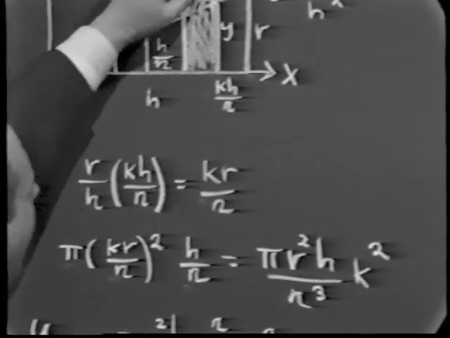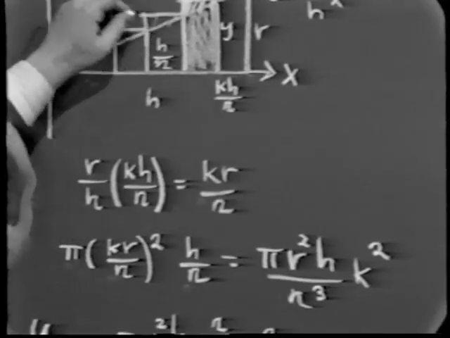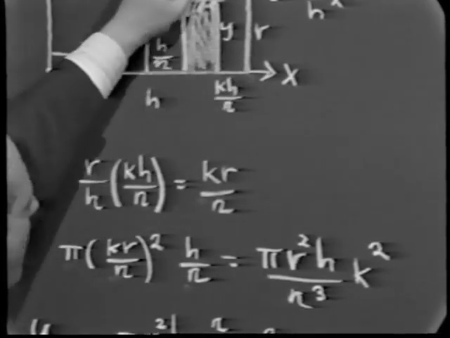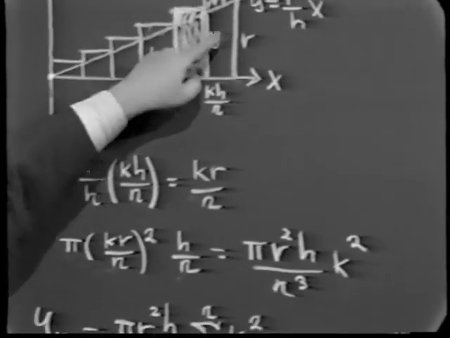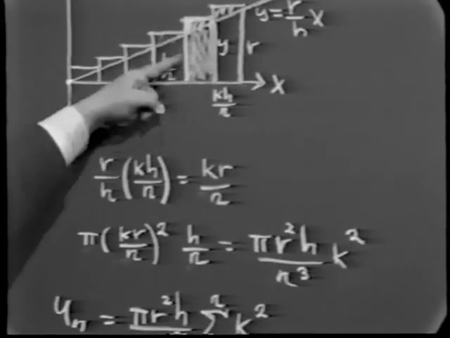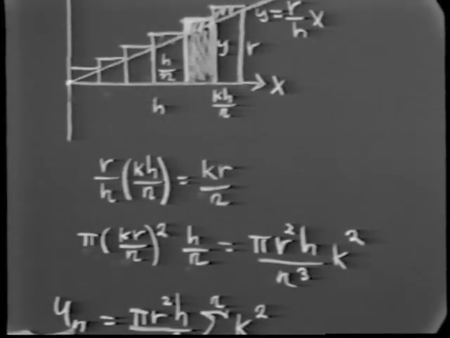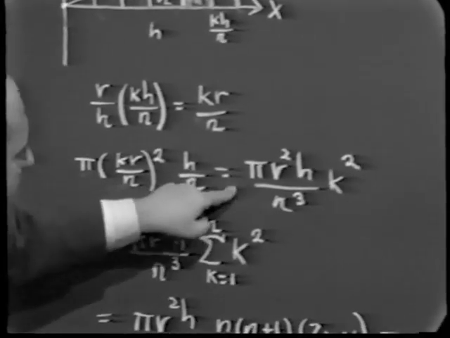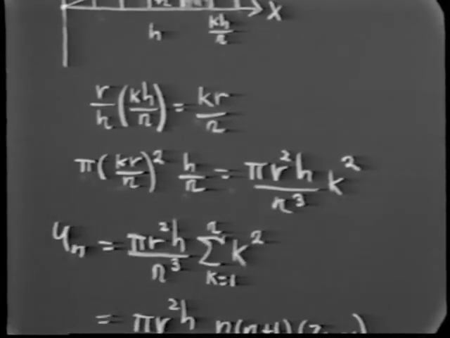And now if I add up all of these volumes as k goes from 1 to n, that will give me a bunch of stacked cylinders which enclose my cone. In other words, an answer that will be too large will be this sum as k goes from 1 to n.